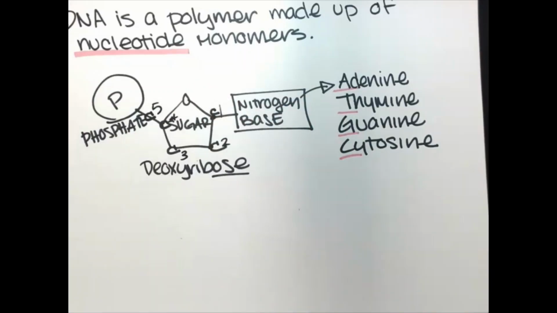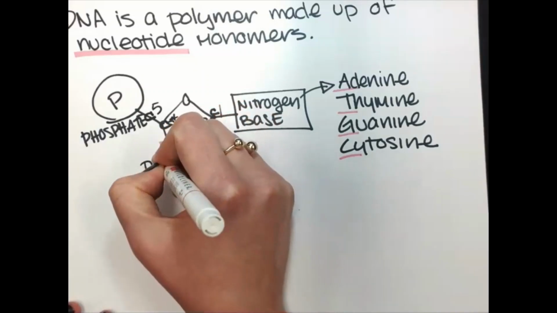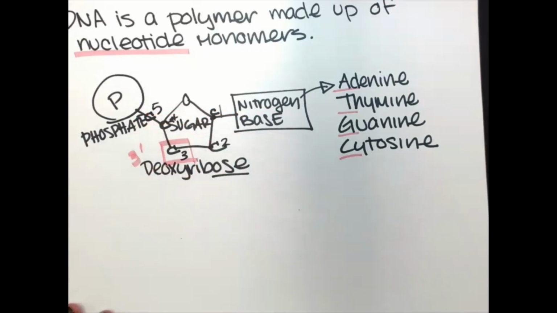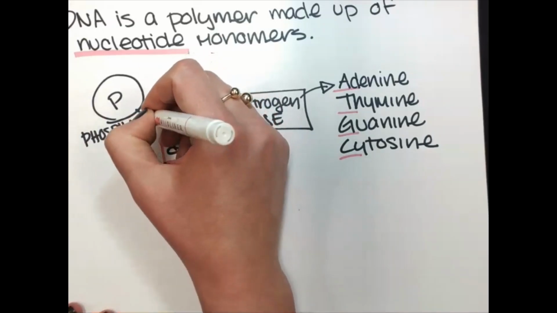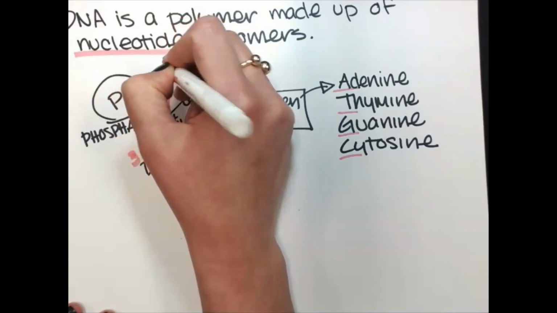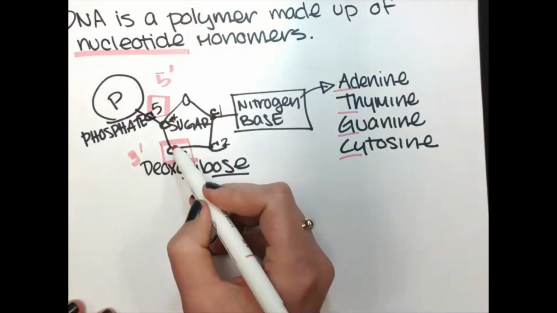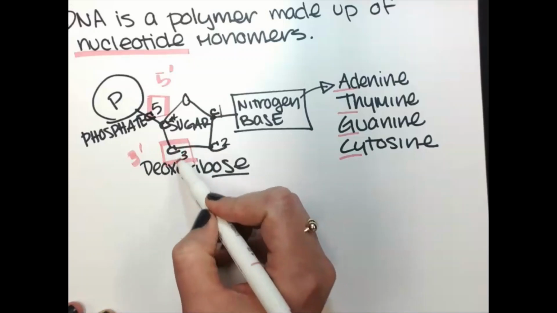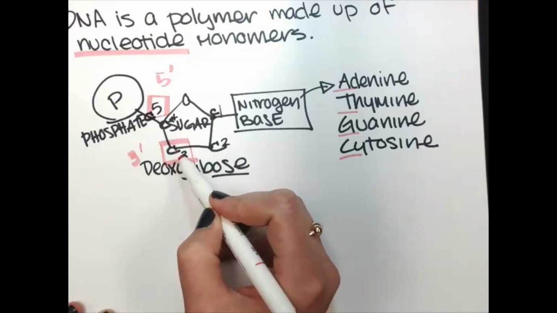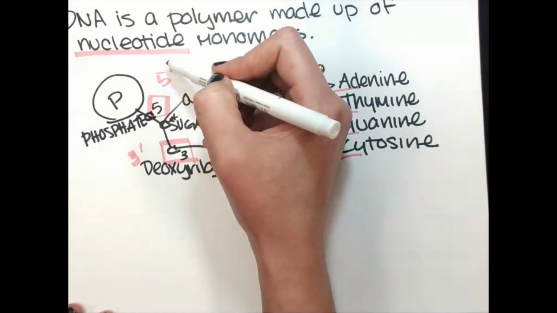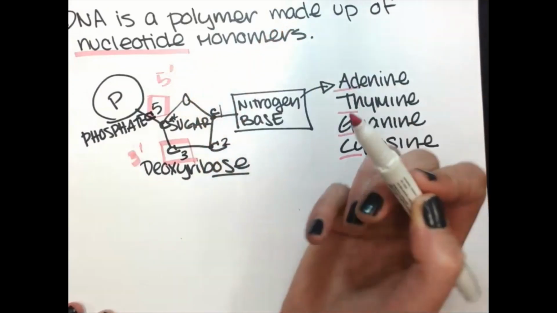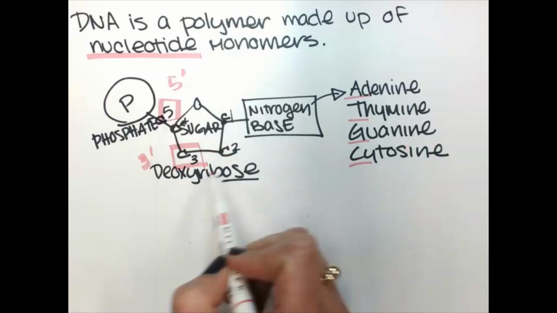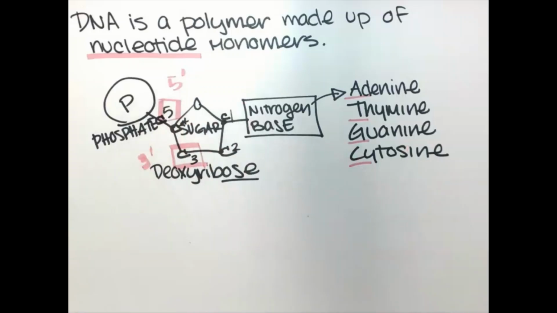And this is actually important because when we start talking about which direction that nucleotide is facing, sometimes you'll see them talk about the 3' end, and then other times they'll talk about the 5' end. Well, the 3' end just means that this part is sticking out, or you're talking about this end, and the 5' end is this end up here. So it sounds complicated, but it's just talking about which direction we are facing.